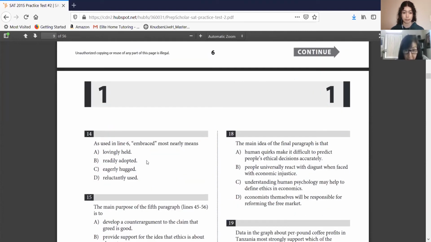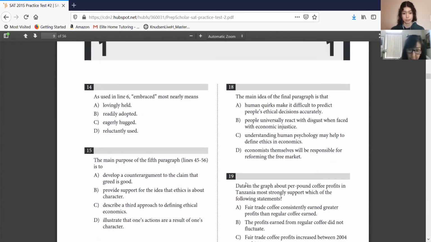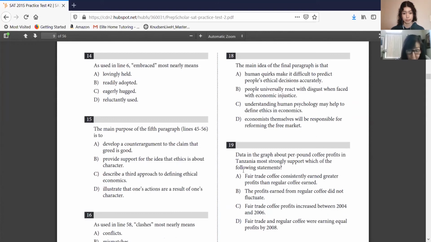Okay, and then up here, the main idea of the final paragraph, read a little bit before. Always, if you're stuck on an answer especially, read a little more context, broaden out your reading, and don't be afraid to.